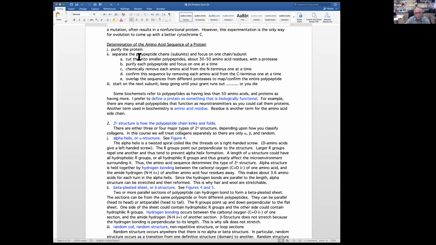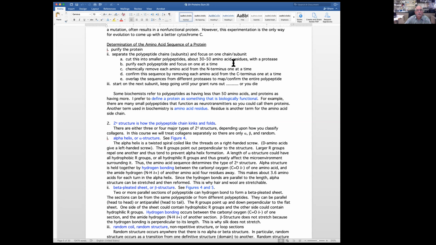And then you have to separate the polypeptide chains, the subunits, and focus on one chain or subunit. Then you got to cut that into pieces that are big enough to actually do. And then you have to purify each polypeptide piece and then focus on one of those at a time.